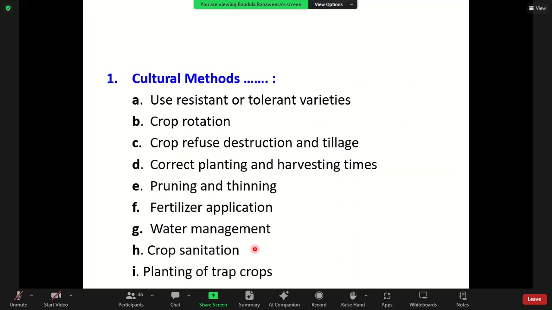Those who are willing to participate can join, because today we had a brief discussion on plant disease management. We had an introduction, classification, and management methods, very briefly.